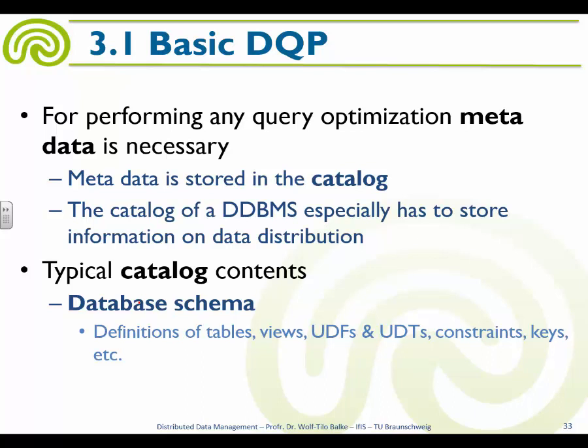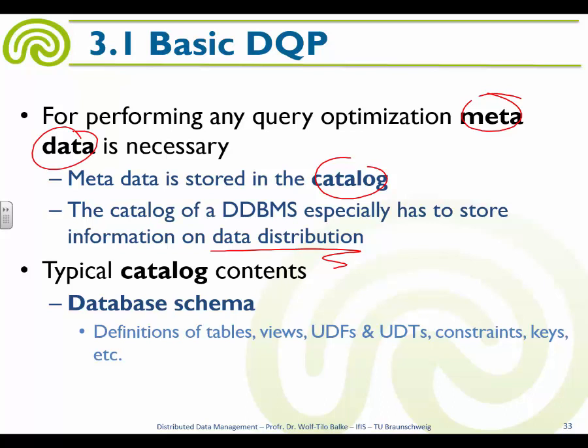In particular, you need all the data that has the information on data distribution. And the idea is exactly the same as in the centralized system. In the centralized system, you had a catalog of metadata, right?